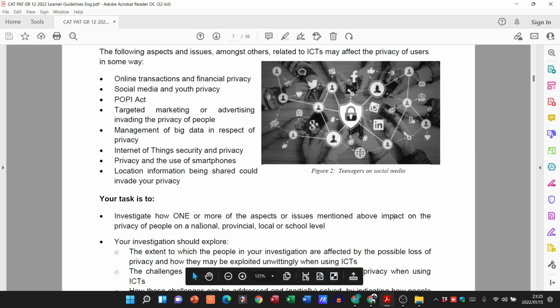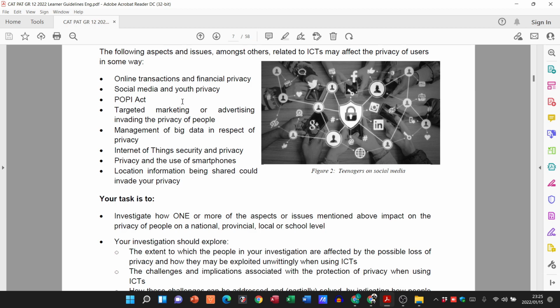So you must choose one of those. Let's say, for example, I choose social media and youth privacy. Have I chosen one? Yes. Can I choose more than one? Yes, I can. According to the task, what do I need to do with it? I need to research the impact on the privacy of people on either national, provincial, local, or school level.